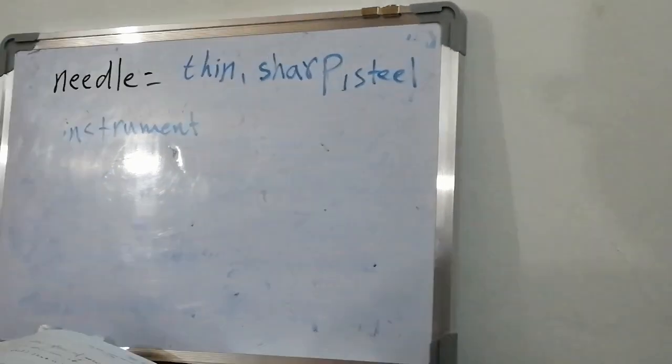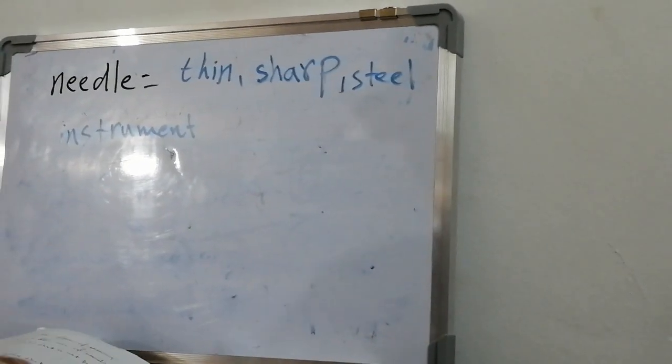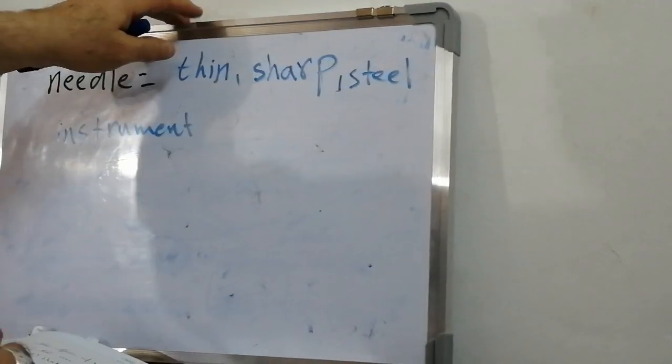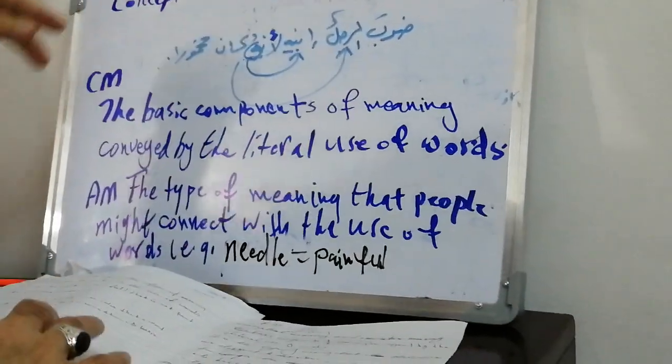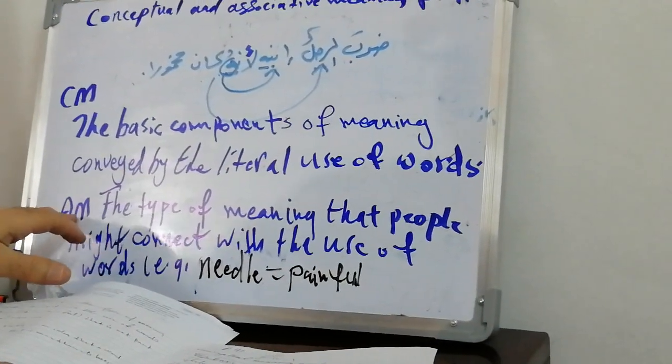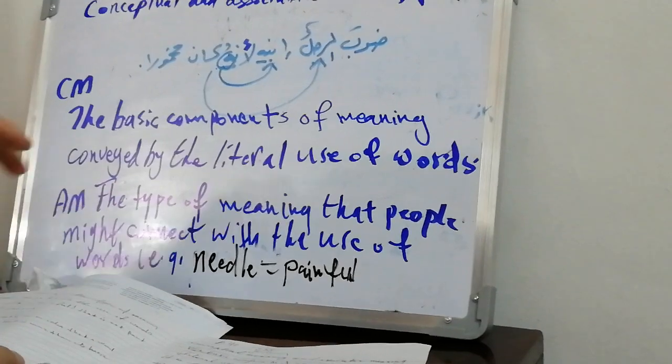Right. Now let's move to the second type of meaning. What do we call this type of meaning? Associative meaning.